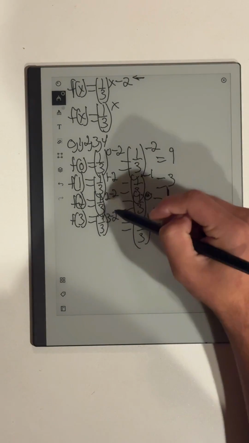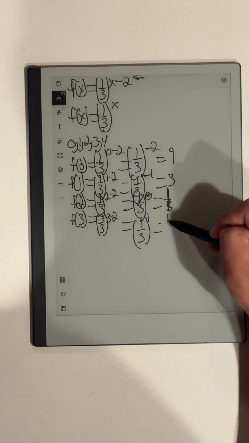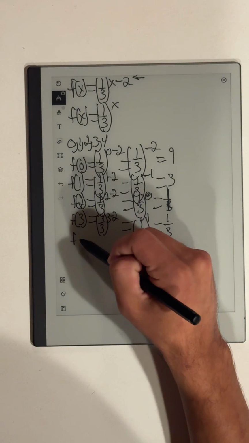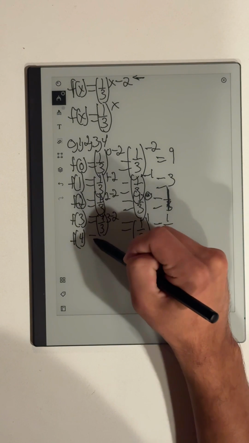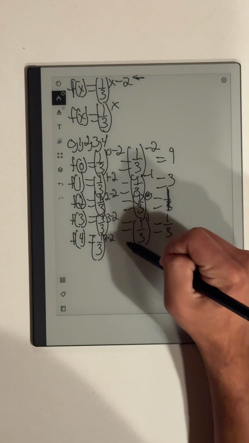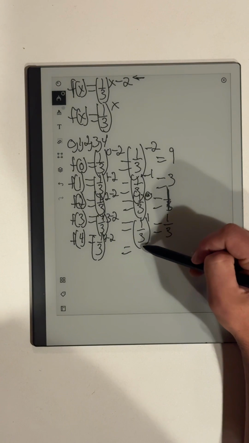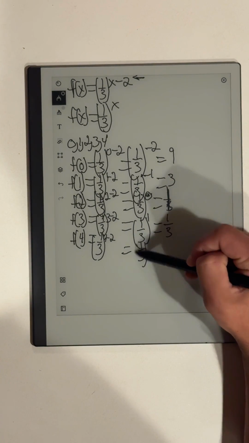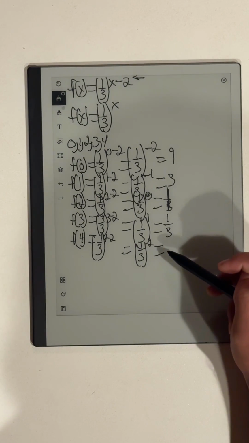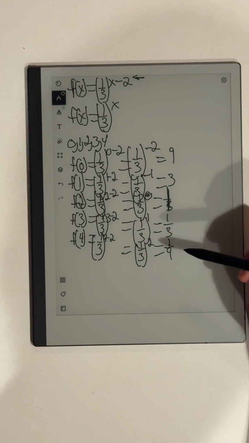So 1 over 3 to the first power is going to be, obviously, 1 over 3. So now we're going to do f of 4 equals (1/3)^(4 minus 2). 4 minus 2 is 2. So 1 over 3 squared is going to be 1 over 9.